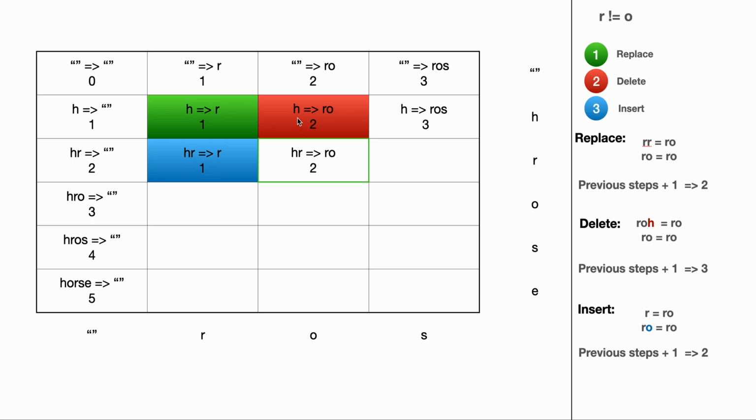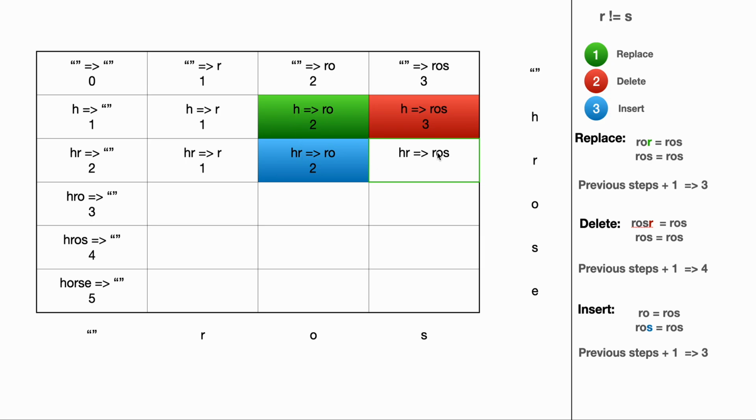And for the delete operation there is a string ro and we need to delete the current character r so that it will become ro. And in the insert operation there is a string r and we just need to insert o into it so that it will become equal. So in this operation we need to find the minimum of these three and add 1 to it.